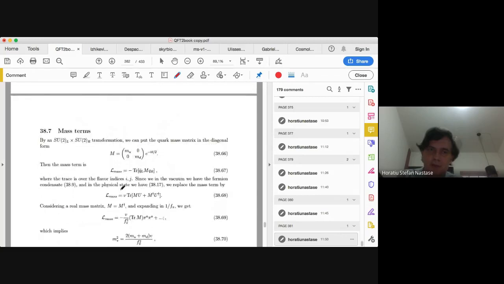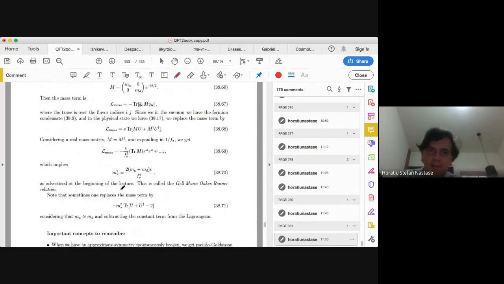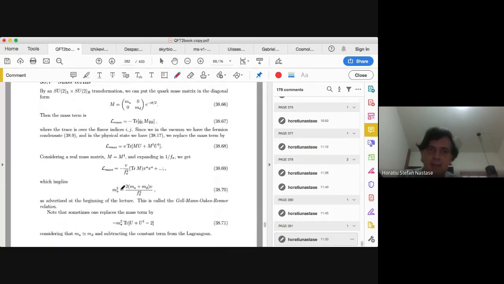Another observation is that sometimes, in here I didn't write the constant piece. In principle, in here there's a 1, which gives trace M plus M dagger, which is a constant.